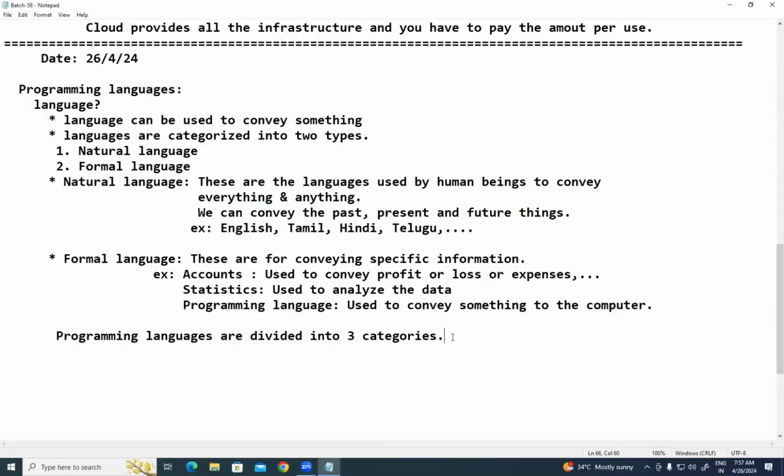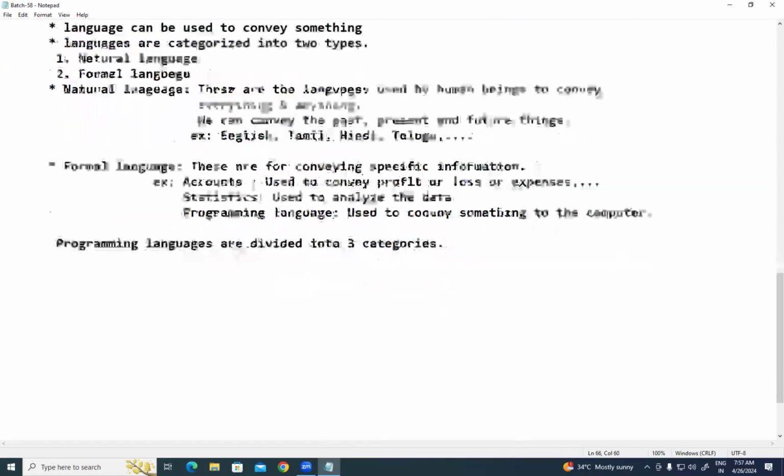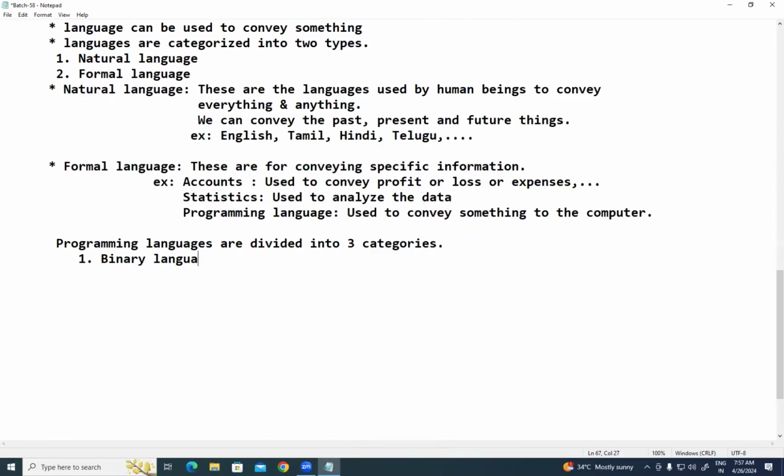So, folks, programming languages are divided into how many categories now? There are 3 categories of programming languages available. Folks, let's understand. One is binary language.